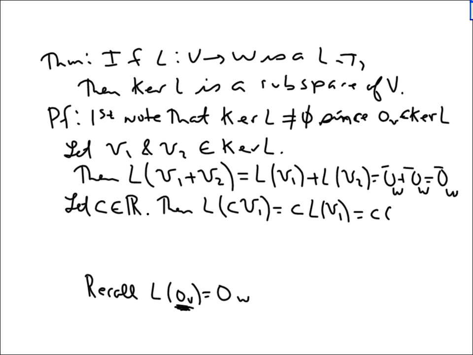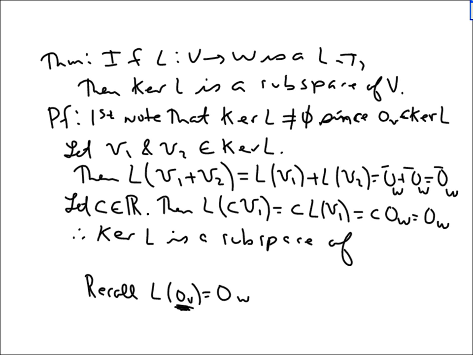So you get C times the 0 vector in W. And regardless of what C is, you multiply it by the 0 vector, you get the 0 vector. Therefore, the kernel of L is a subspace of V, regardless of what V is.